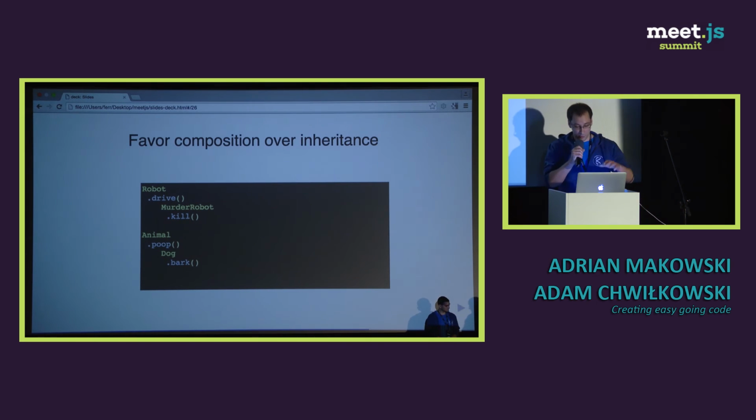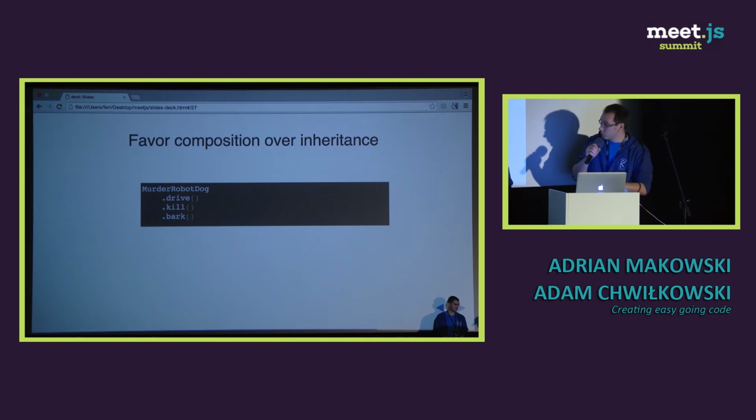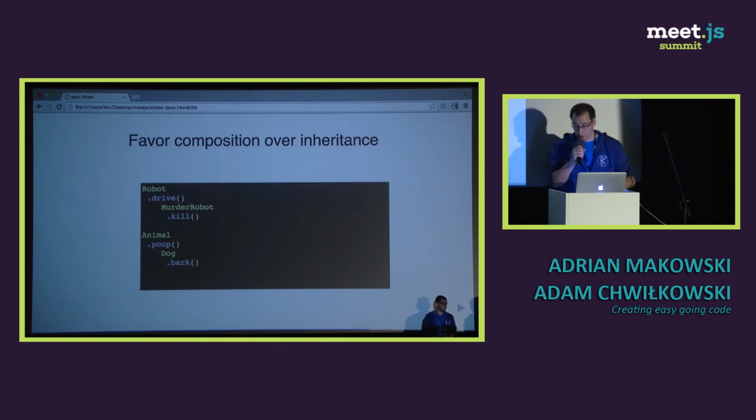But imagine that with this inheritance chain, someone tells us, please create me a murder robot dog. So how would you create a class that is somewhat a union out of those two abstraction classes? A murder robot dog should drive, should kill, and should bark, but it shouldn't poop because it's a robot.